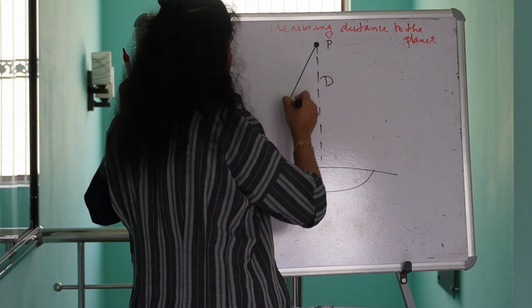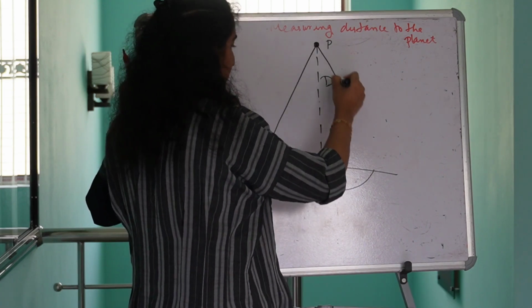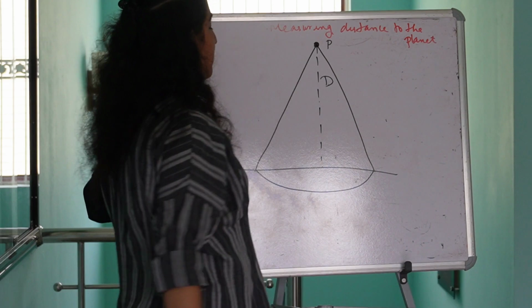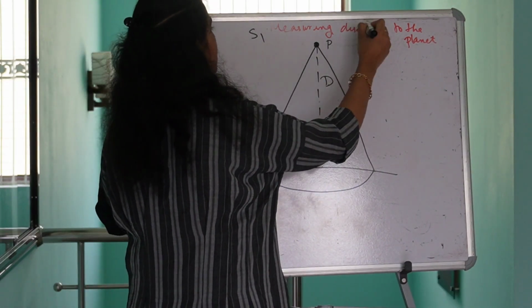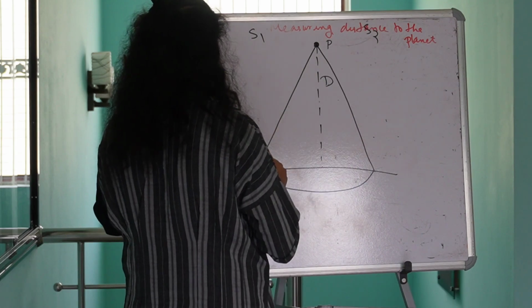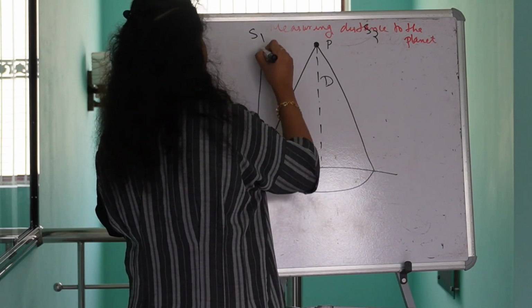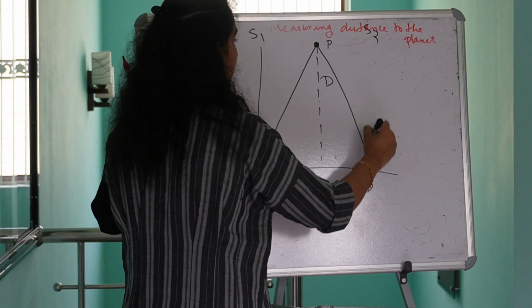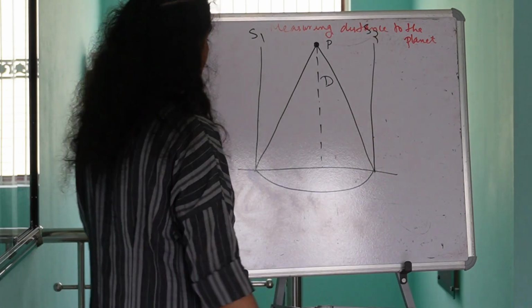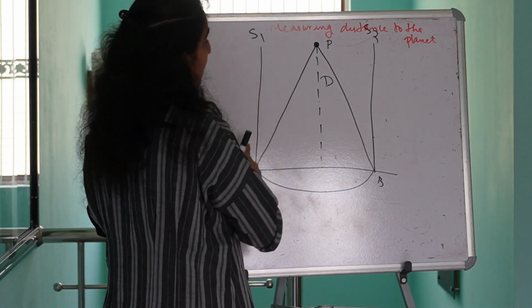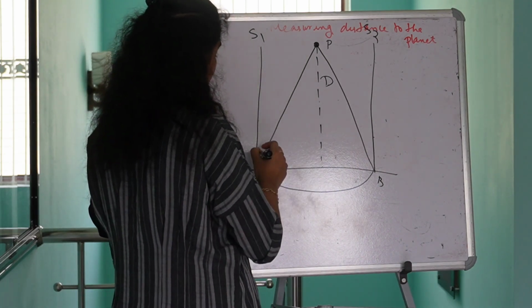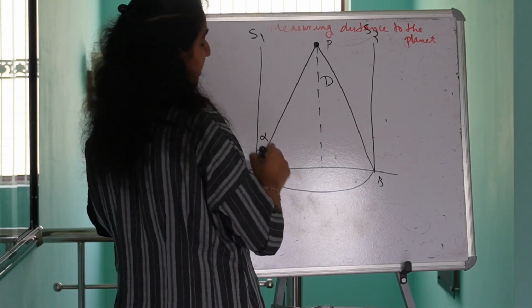These are 2 points of observation from which I observe the planet. I am considering 2 stars S1 and S2 like this, whose angle of incidence is exactly 90 degrees on the surface of the Earth. The angle formed between the incident ray of the star and the line of sight of point A is alpha.